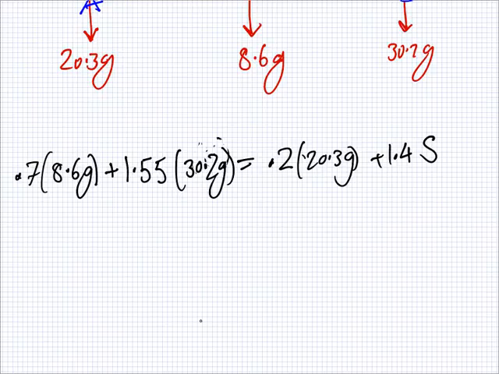So 0.7 times 8.6 times 9.81 plus 1.55 times 30.2 times 9.81 minus 0.2 times 20.3 times 9.81, divided by 1.4, and I get for my S the correct answer as that. 342 newtons.